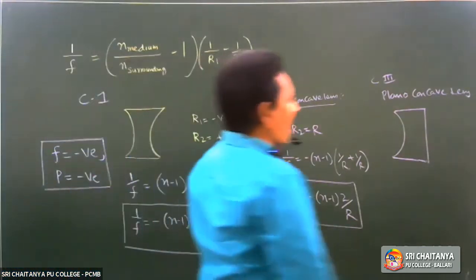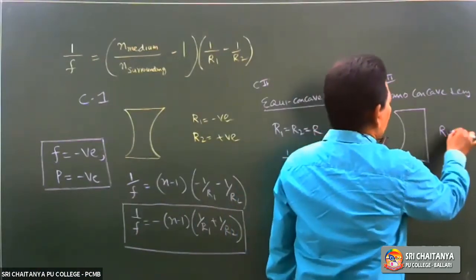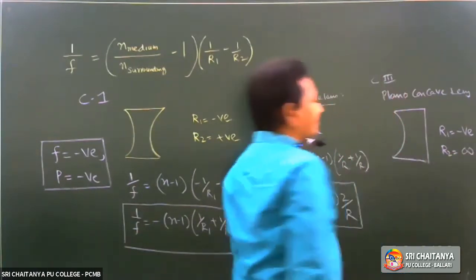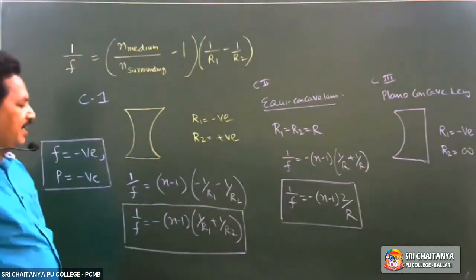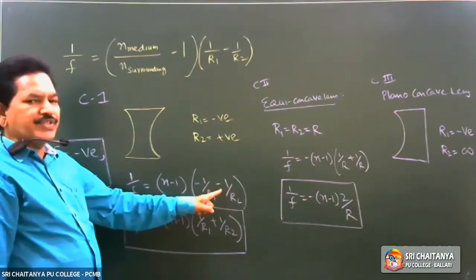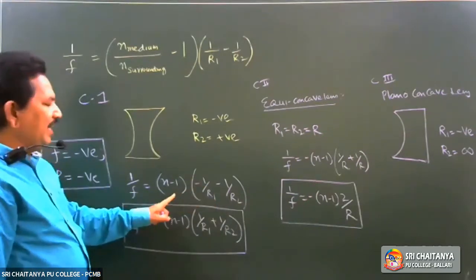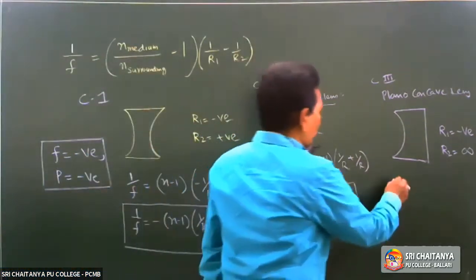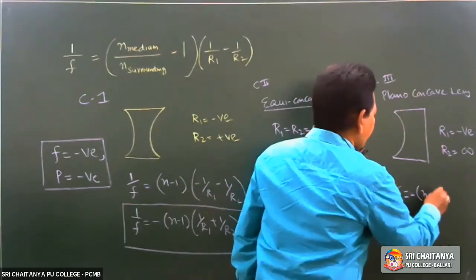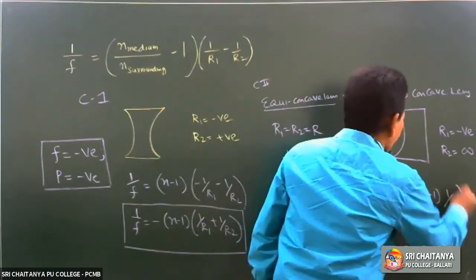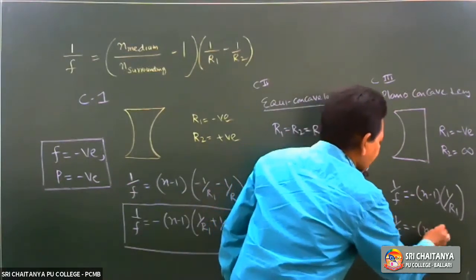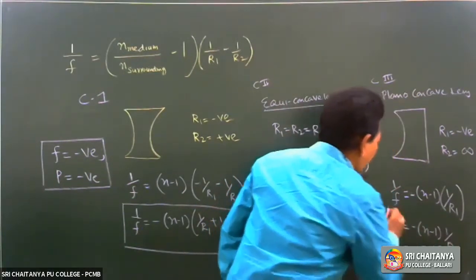Then in this case R1 is negative and R2 is equal to infinity. Substituting in this formula, R2 is infinity, so 1 by infinity is 0. Then the only left over is 1 by f is equal to minus (n minus 1) into 1 by R1. Suppose R1 value is R, then 1 by f is equal to minus (n minus 1) into 1 by R.